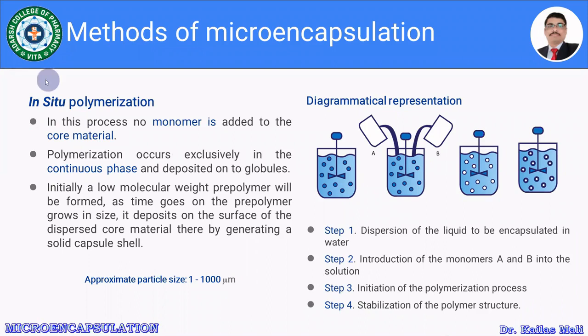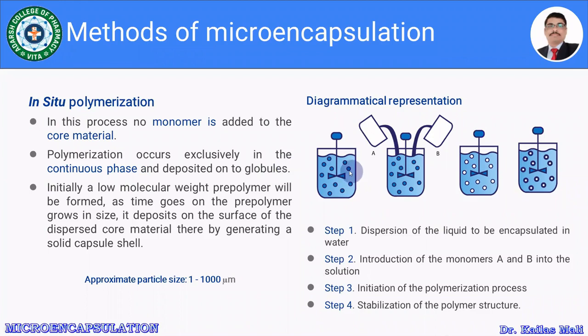But in in situ polymerization, no monomer is added to the core material. Here we are not adding any monomer to the core solution. Polymerization occurs exclusively in the continuous phase and is deposited onto the globules. So whatever monomer is there, it is dissolved in the continuous phase.